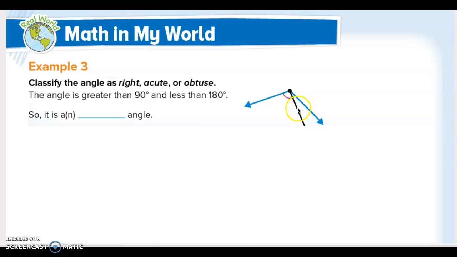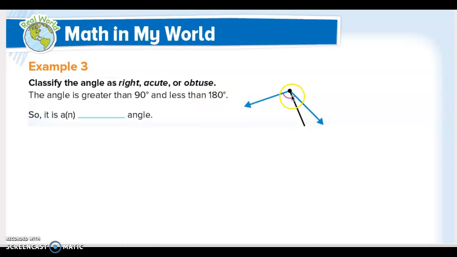Is this angle smaller than a right angle? It falls somewhere in here. Or is it larger than the right angle, that it continues past what a right angle would be? It tells us right here the angle is greater than 90 degrees and less than 180.